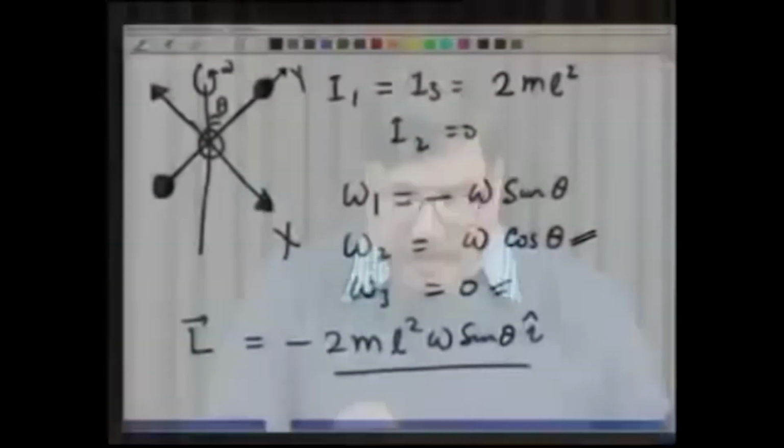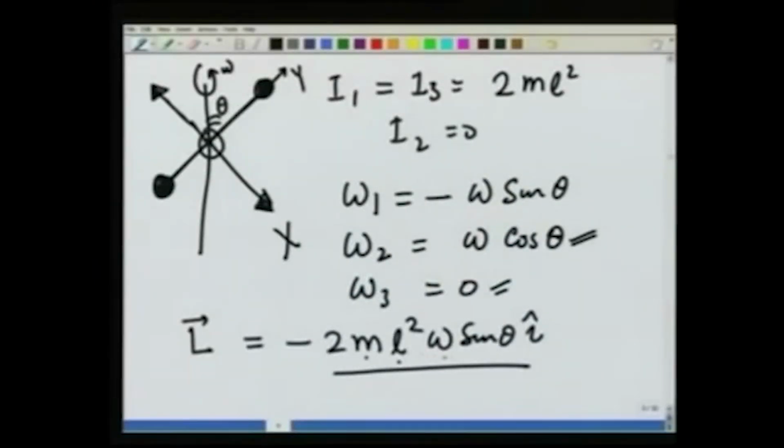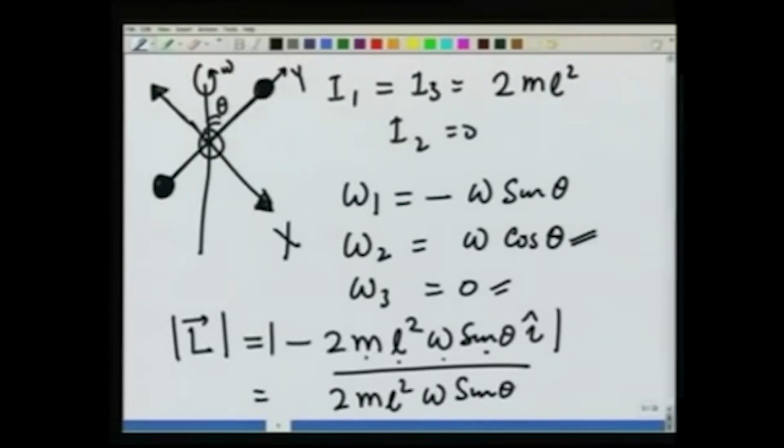Now, you see, as far as the mass, length, omega, and sine theta are concerned, these are constants. So, the magnitude of angular momentum is going to be 2 m l square omega sine theta, and the magnitude remains constant. So, the only change in L occurs because it is rotating about an axis.